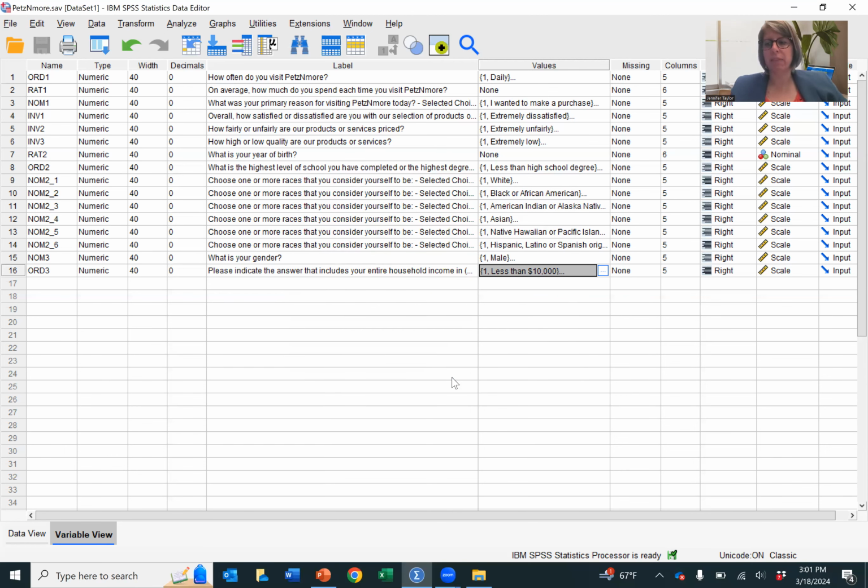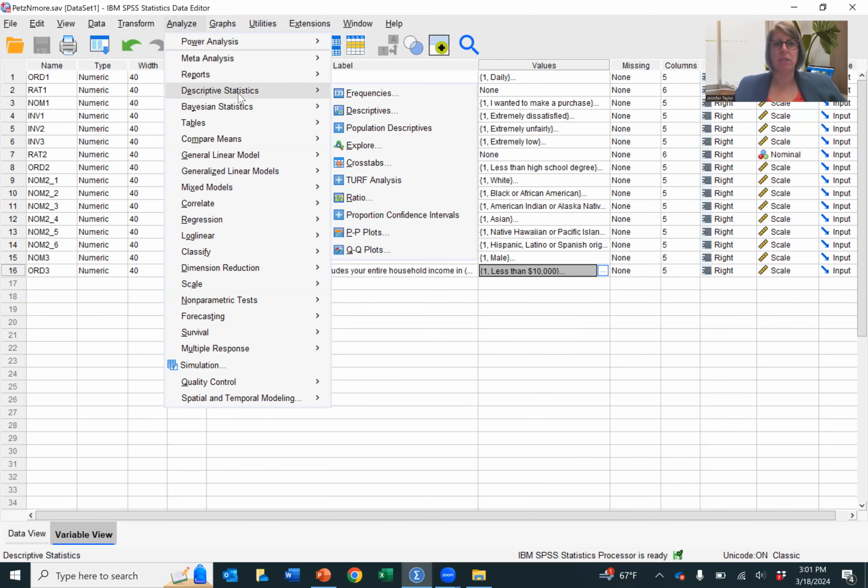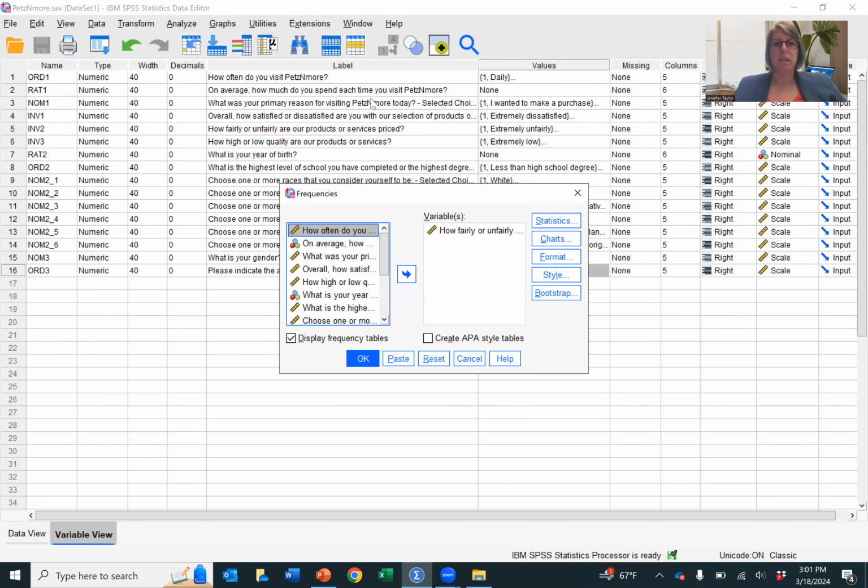Okay, so now we've identified our 3 ordinal variables. Let's go on to analyzing them. So you're going to go to Analyze. So click Analyze, and then go down to Descriptive Statistics, over to Frequencies, click it, and you're going to have this window pop up.